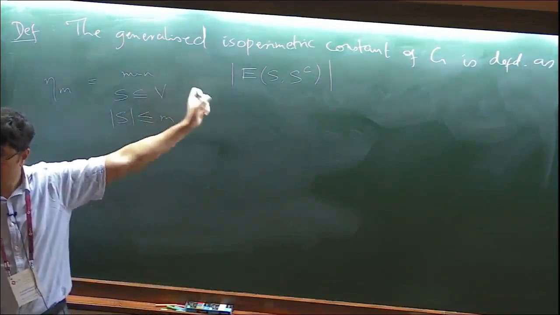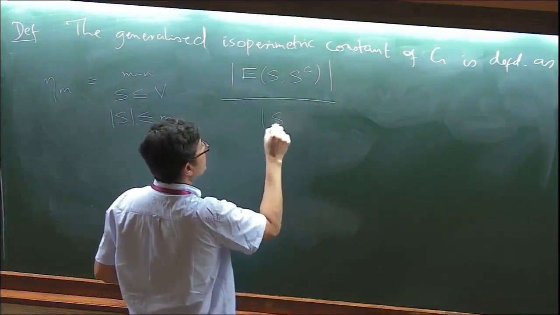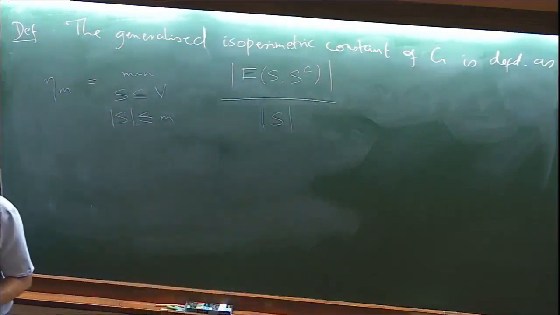We count the number of edges crossing from S to its complement and divide by the size of S.